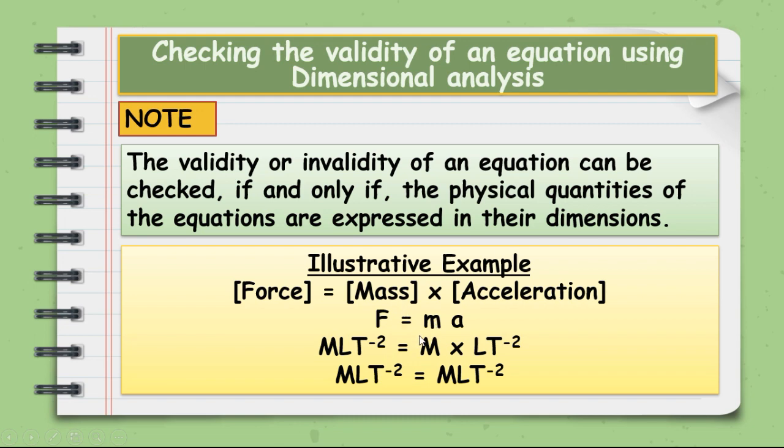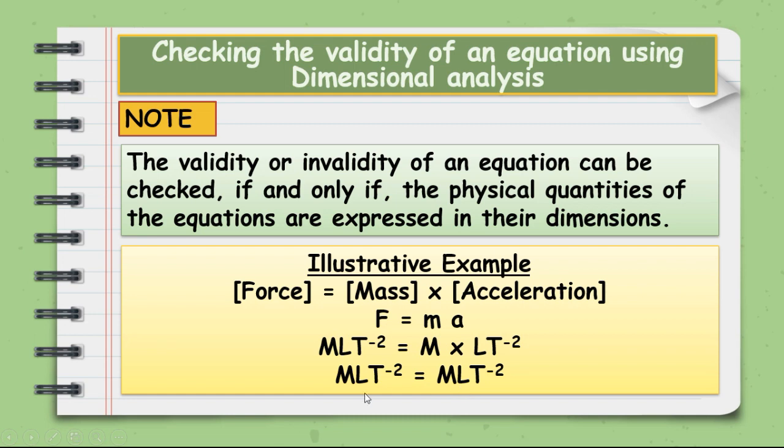Whereas for the mass, it's a capital M times the acceleration, which is LT exponent negative 2. So this is the left hand side of the equation, and that is the right hand side of the equation. When you multiply the right hand side, you end up getting MLT exponent negative 2.